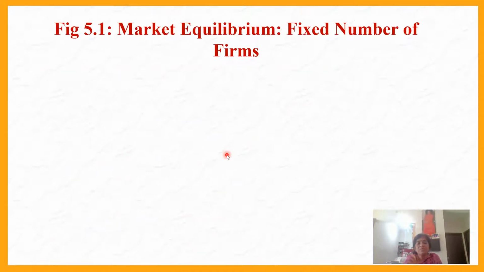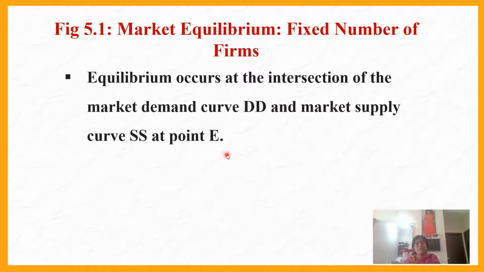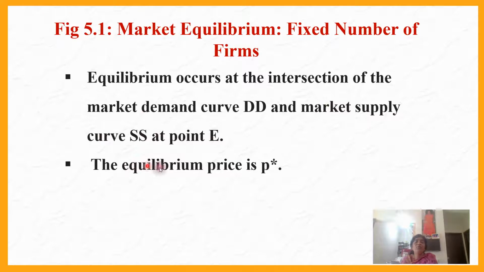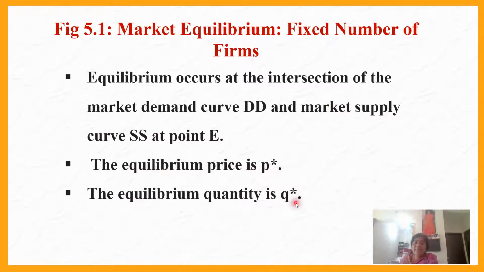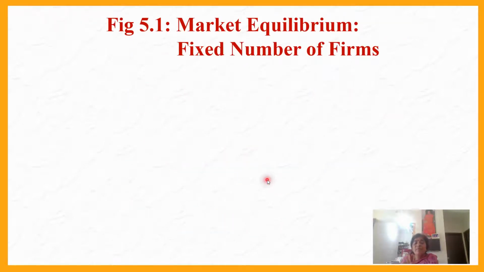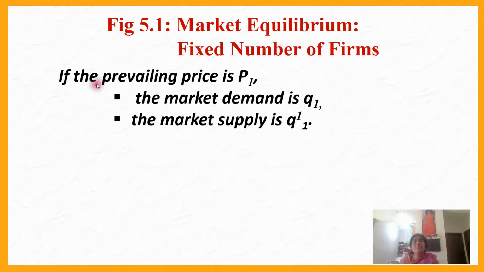Therefore, we are going to explain the same thing which I have explained in the diagram. Equilibrium occurs at the intersection of the market demand curve DD and the market supply curve SS at point A. You all are familiar with that. The equilibrium price is denoted by P star, and the equilibrium quantity is indicated by Q star. We have seen this already. And when there is an excess demand, what will happen?